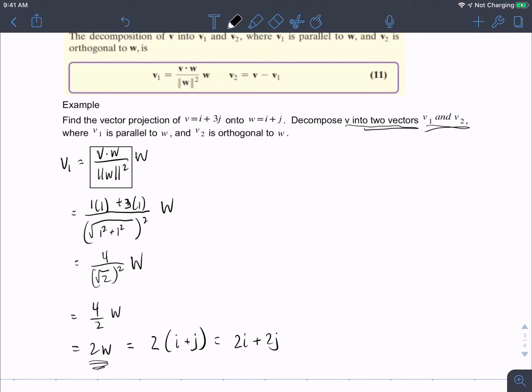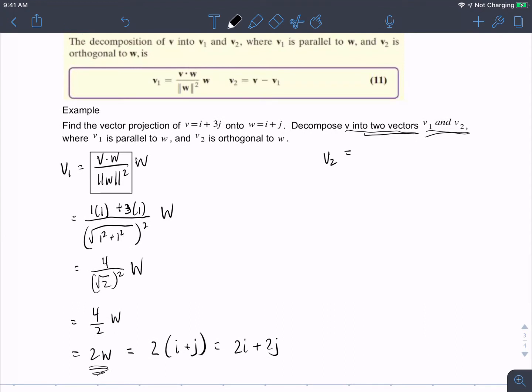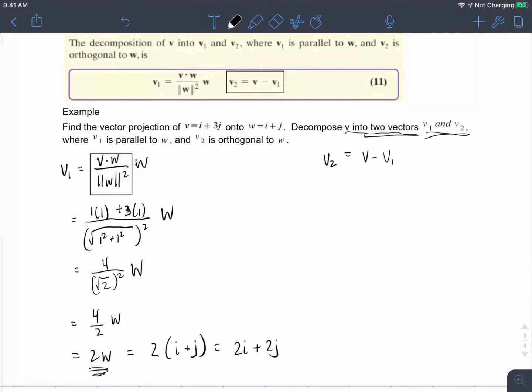All right, to find v2, it's much easier. Instead of doing a complicated calculation again, we can just use this piece right here. v2 is equal to v minus v1.